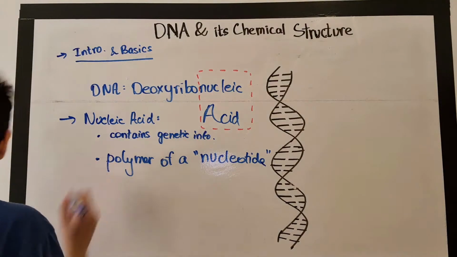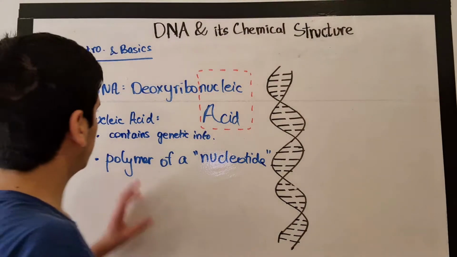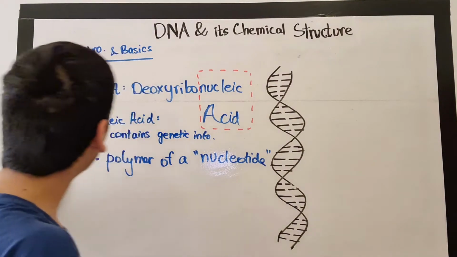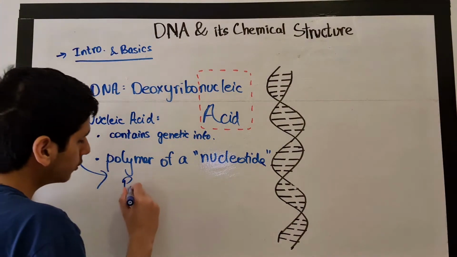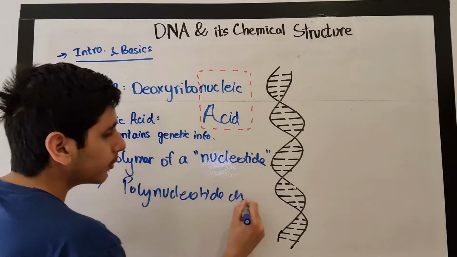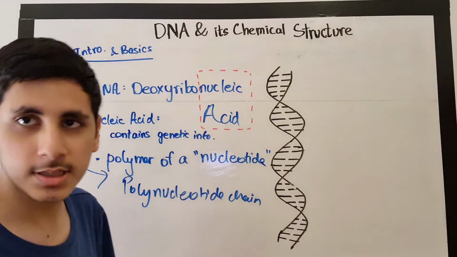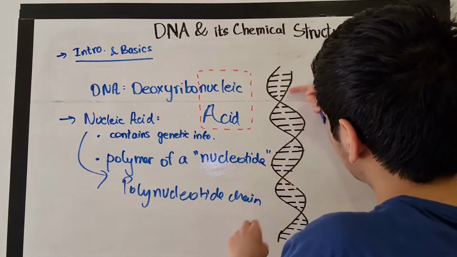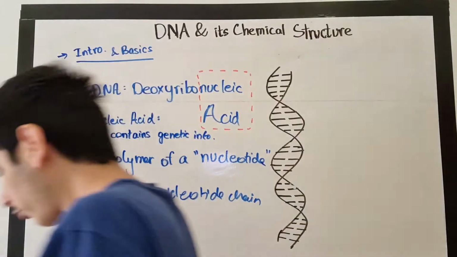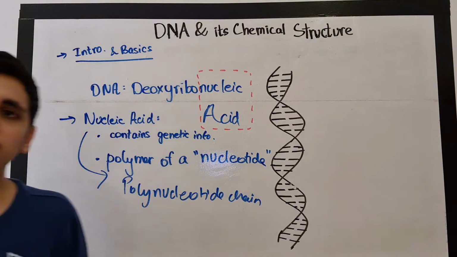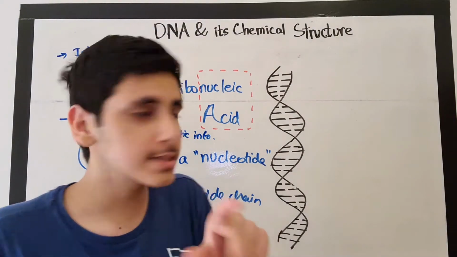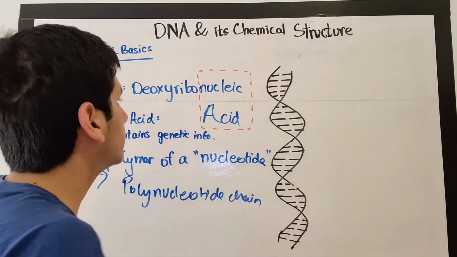Because nucleic acid is just a polymer of nucleotides, it's also referred to as a polynucleotide chain, because it's composed of repeated units of a nucleotide. And if you're wondering what a nucleotide is, well, a nucleotide is the basic building block of a nucleic acid, and in this case, we would call it DNA.